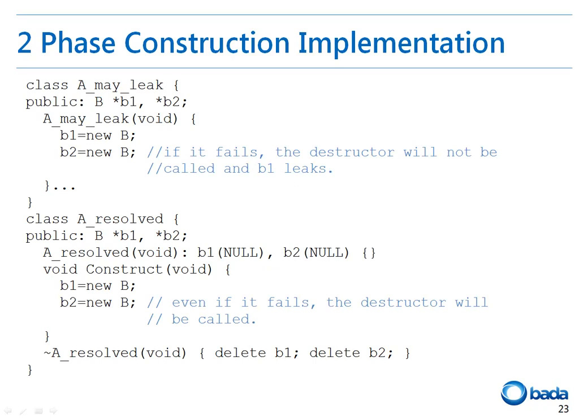First, in C++ generally, memory allocation is performed in the C++ constructor. However, in this case, as mentioned earlier, a memory leakage problem may occur. Therefore, in bada classes, in order to resolve the problem, memory allocation is not performed in the C++ constructor, but in the construct function of the class.